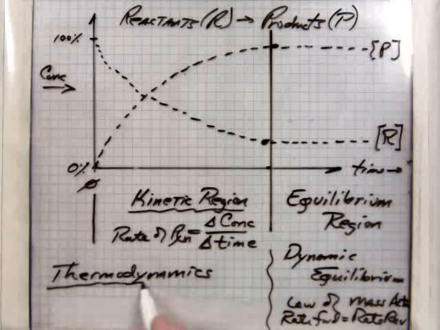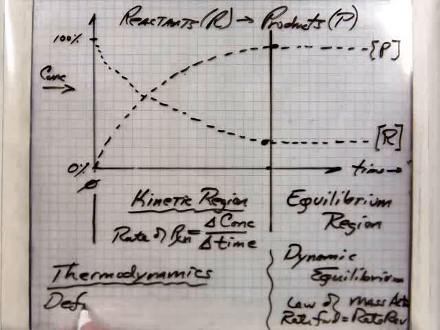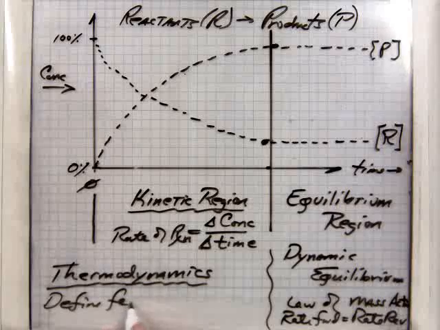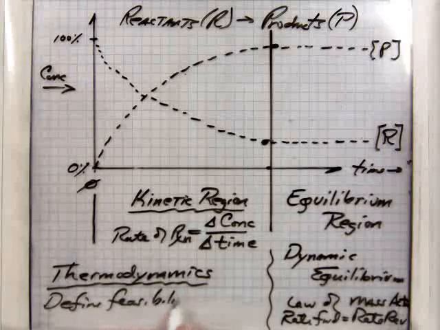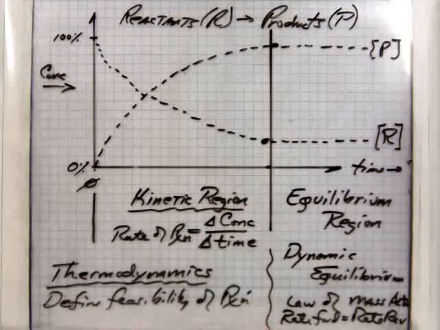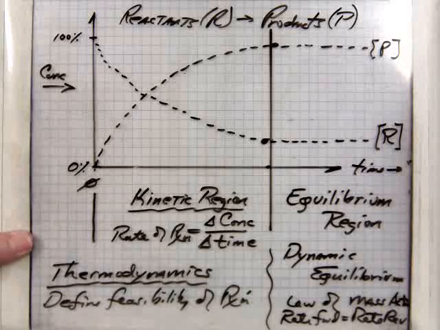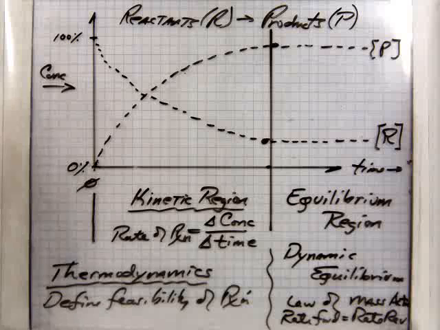And as mentioned, thermodynamics' purpose is to define feasibility of reaction process, meaning that if we apply certain principles in thermodynamics, we can determine, yes, this reaction will proceed to products under the conditions that are specified, or no, it will not.